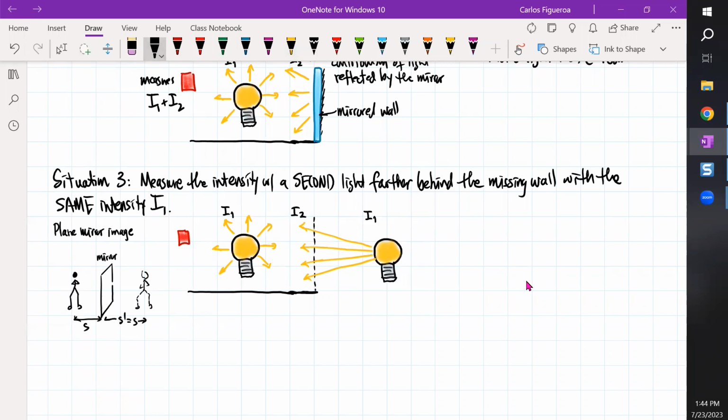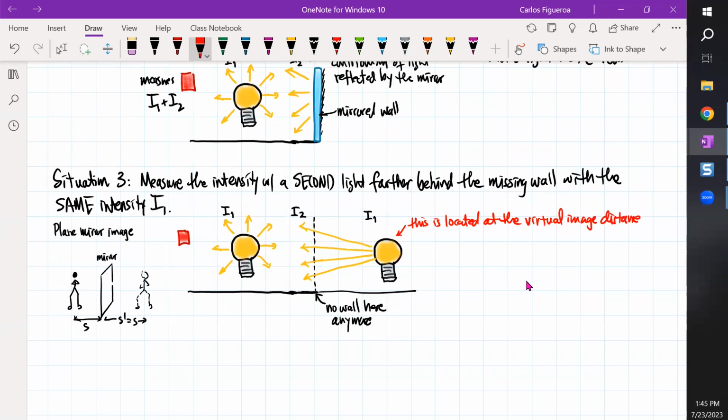Okay? So once again, we have no wall here anymore. And what we're saying here is that this light bulb is located at the virtual image distance of a plane mirror.